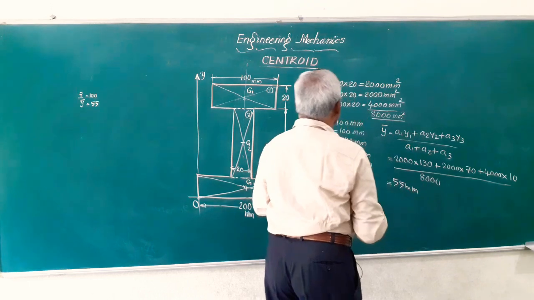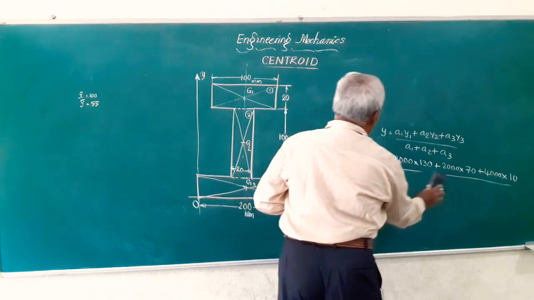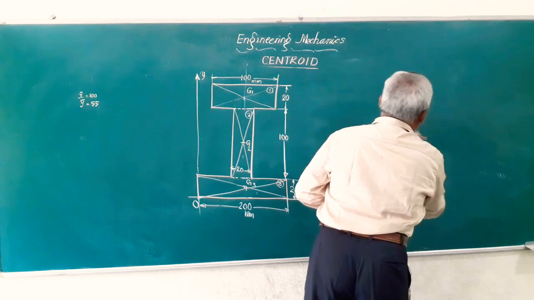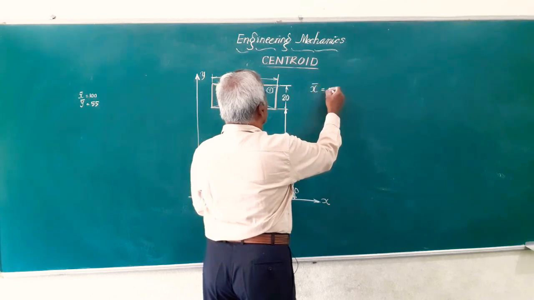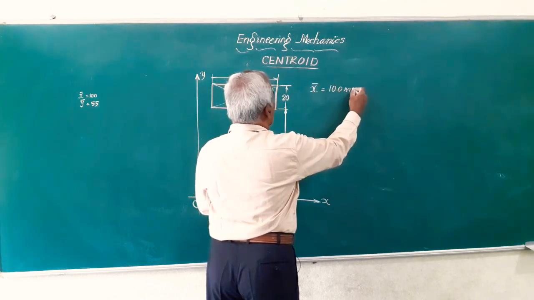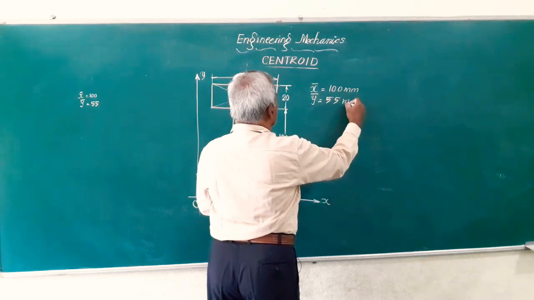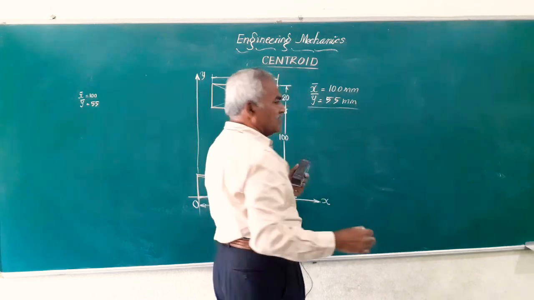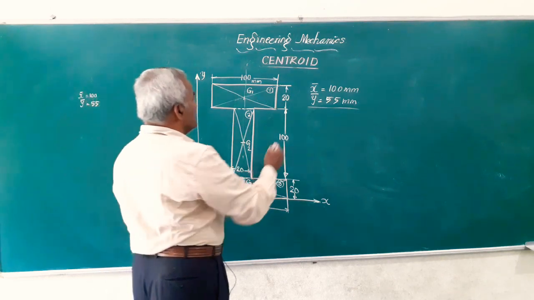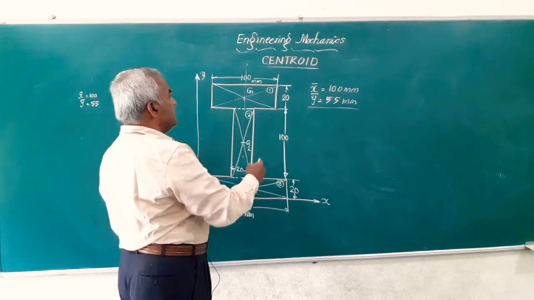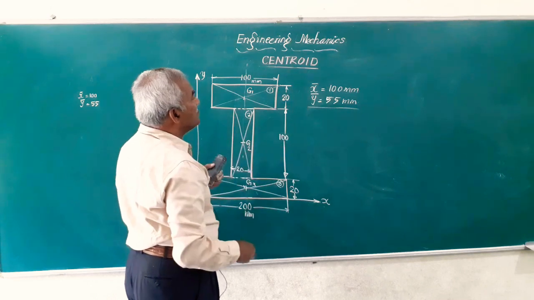So friends, finally we were able to get the x bar and y bar, or we were able to locate the centroid of the given I section with unequal flanges as x bar is equal to 100 mm and y bar is equal to 55 millimeter. So for the purpose of interest or for curiosity purpose, let us see where it may lie. Friends, you know, x bar is 100, so very obviously it should lie somewhere on this, and y bar is equal to 55 mm.